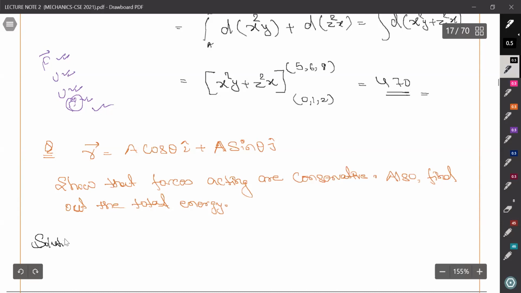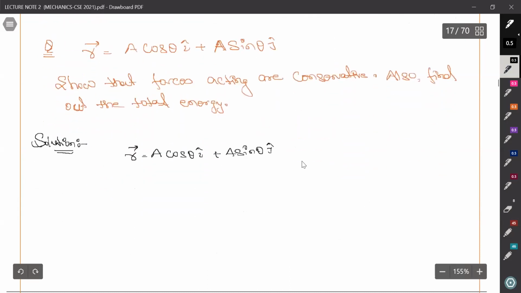So by seeing the equation, r equals a cos theta i cap plus a sin theta j cap, we can simply say that the particle is moving in uniform circular motion.